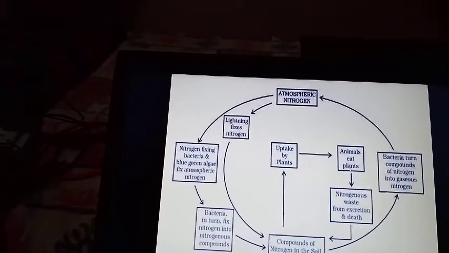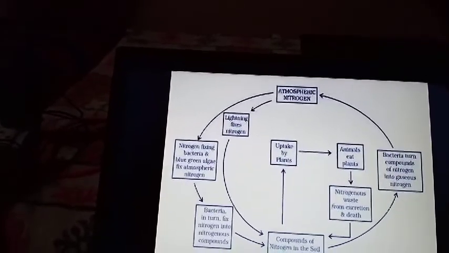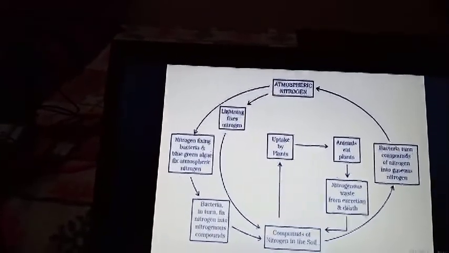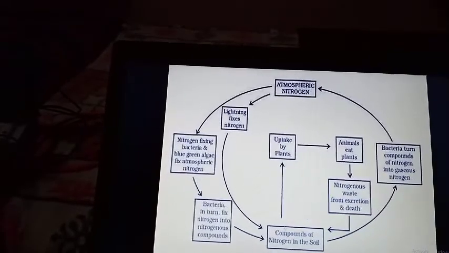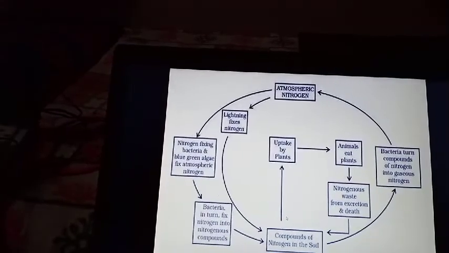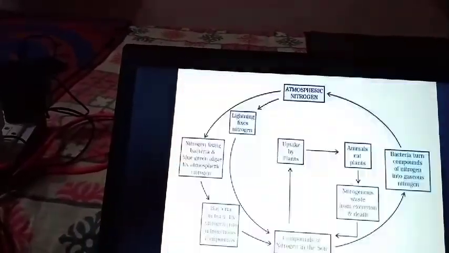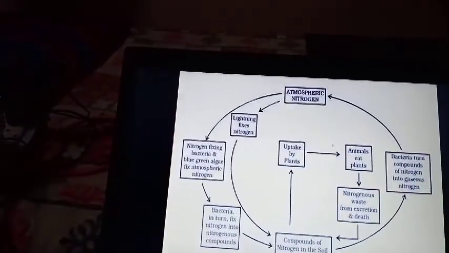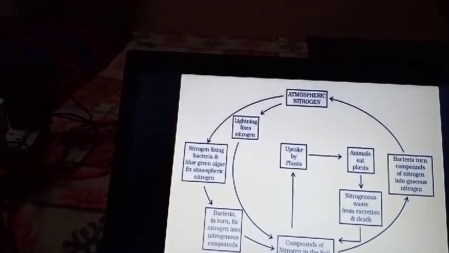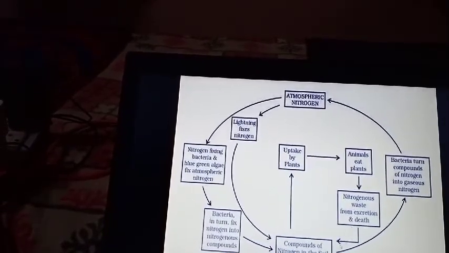And during the excretion of animals, and when plants and animals are dead, they form the nitrogenous waste, that is, waste containing nitrogen. During decomposition, by decomposing bacteria, ammonia is released. This ammonia is again converted into nitrites and nitrates, absorbed by the plants, and again eaten by the animals. Nitrogen reaches the animals, then becomes part of the nitrogenous waste, then reaches the atmosphere.